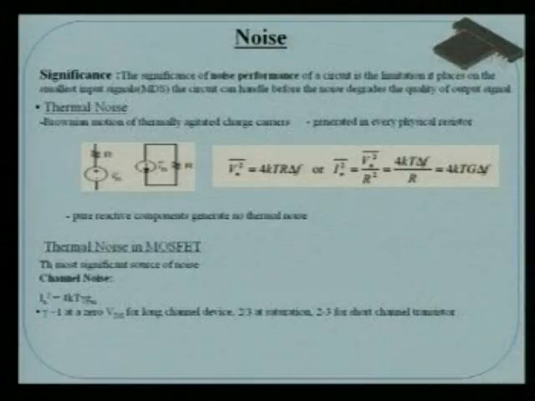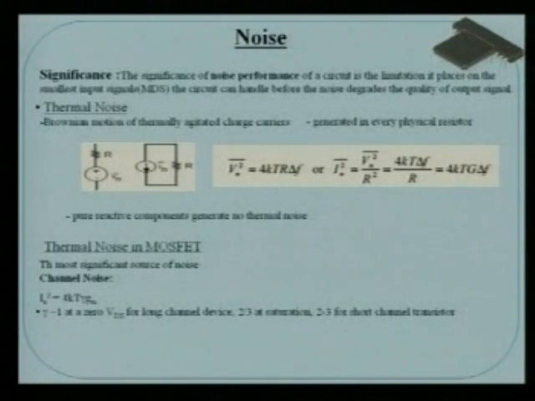So you can look carefully that the noise contributed by a conductor or a resistor R can be a voltage source in series whose value is 4kTΔf, or a current in parallel to the resistance, which is 4kTΔf/R. So immediately you find that if you increase the resistance or the temperature, then your thermal noise contribution will go up.